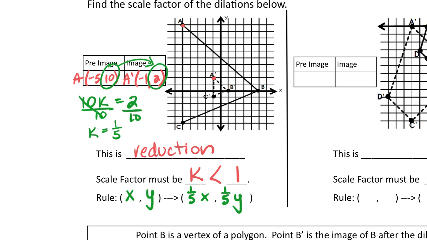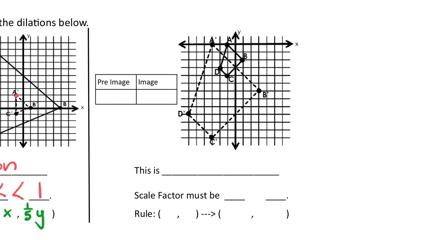All right, let's try the next one. In this case, I'm going to pick a coordinate. I'm going to pick B this time, so I'm going to pick the two B's. I'm going to start with B and then B prime. So B would be 1, -2. B prime would be, let's see, 1, 2, 3, and then 1, 2, 3, 4, 5, 6.